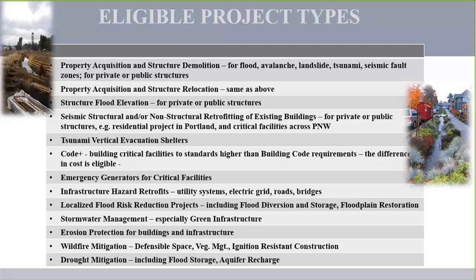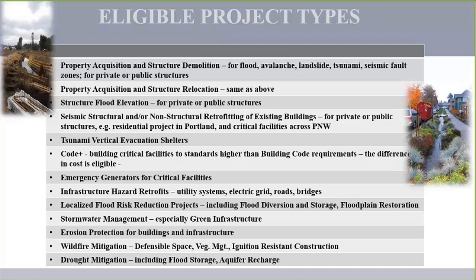But there's some types of projects that are not really explained a lot or even mentioned, because that list in the HMA guidance is not intended as an exhaustive list. The HMA guidance is intended as a framework for developing projects, for implementing projects once they're awarded, etc.